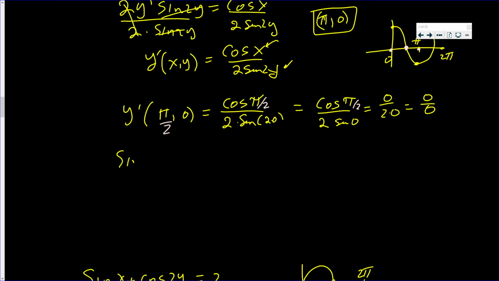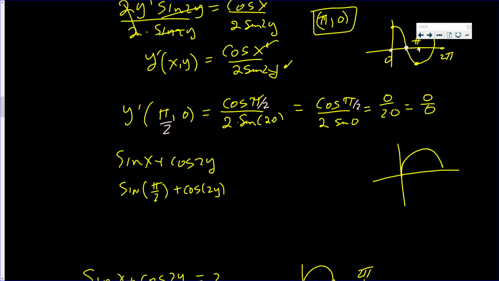Sine x plus cosine of 2y. Well, x is pi over 2, plus cosine of 2y. Well, the sine of pi over 2, from 0 to pi, pi over 2 will be right in the middle.